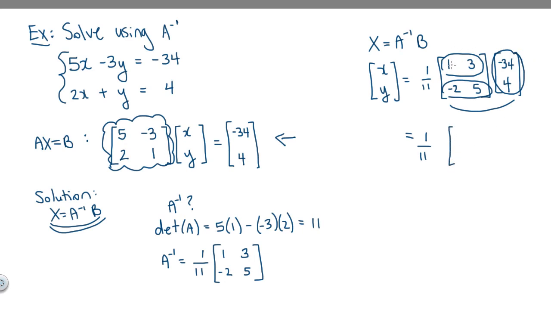Well, our first dot product is going to look like 1 times negative 34 plus 3 times 4. So that gives us negative 22. And in our second row, we get negative 2 times negative 34 plus 5 times 4. So that gives us 88.